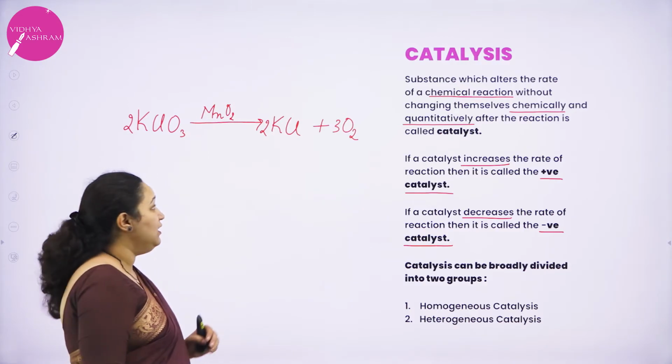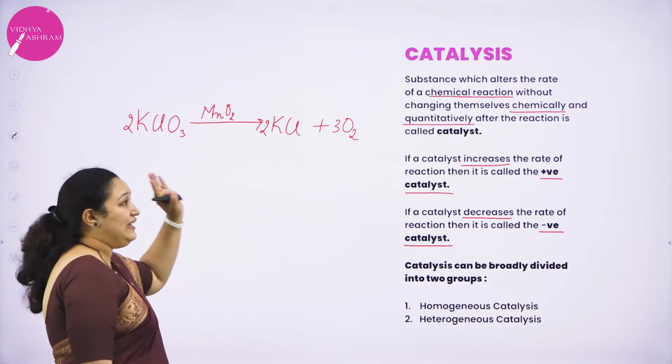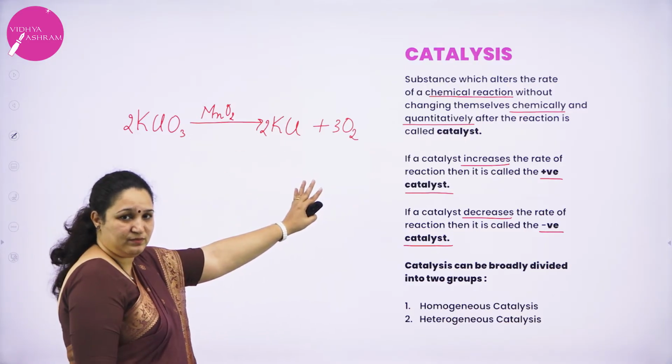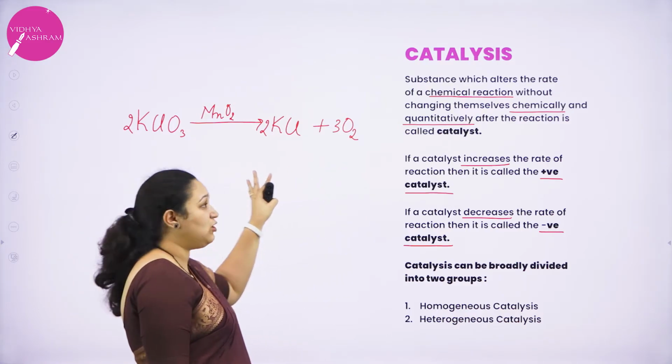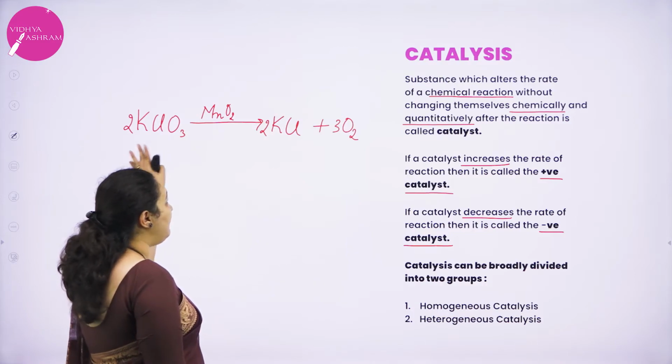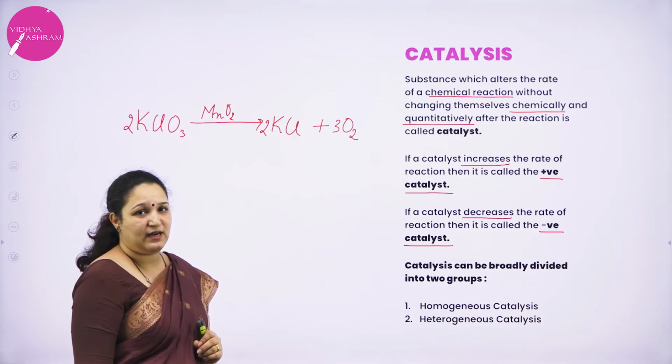So this is a positive catalyst. What did it do? It increased the rate of the reaction, that is, decomposition of potassium chlorate became faster when manganese dioxide was added.